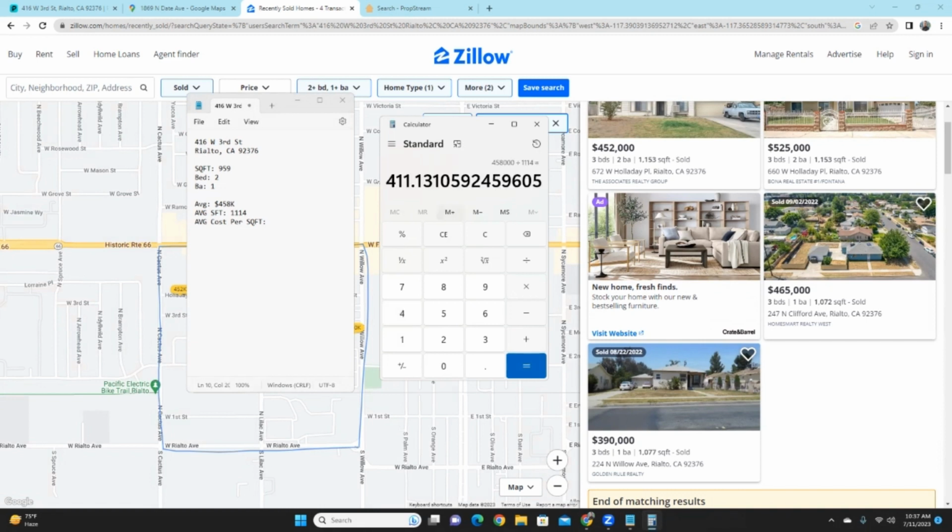No, it's this way. So we have about $411 per square foot. So then we know we have here 959 square feet times our average cost per square foot, 411, equals 394.